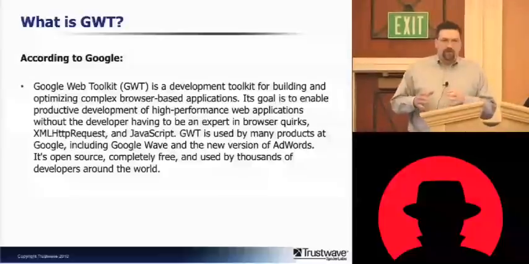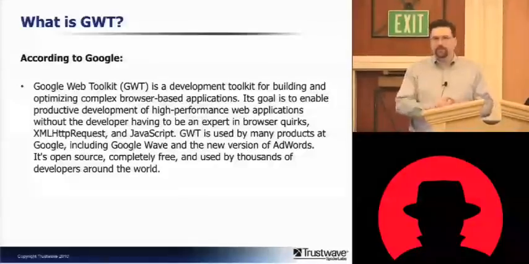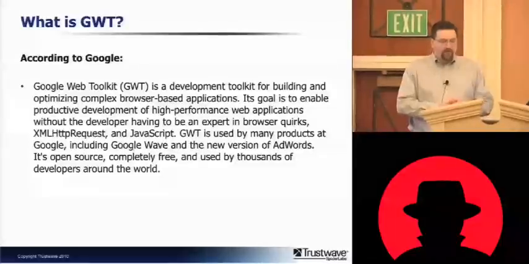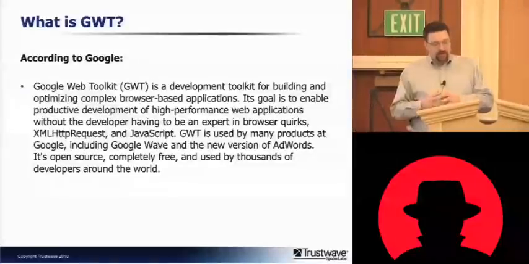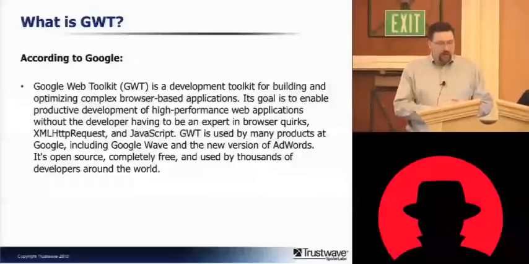One of the things that makes GWT unique compared to most of the other players in the space is that it doesn't require a special browser plugin like Adobe or Microsoft's solution does. The client-side application is implemented entirely in traditional browser technologies like HTML, JavaScript, style sheets, and so on.